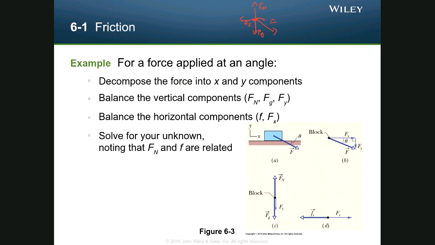Okay? Now, the two vertical forces are pretty easy to see. That's the normal force from the surface, and that's Fg, of course, which comes from gravity. Those are the easy ones.